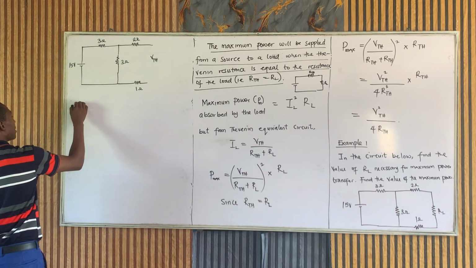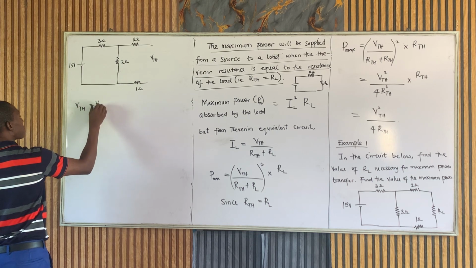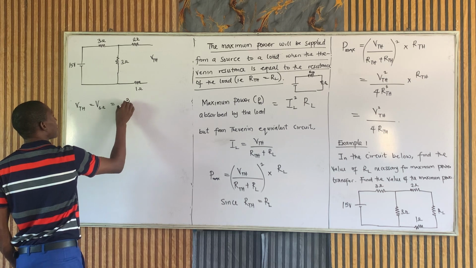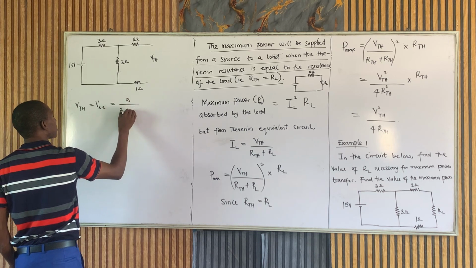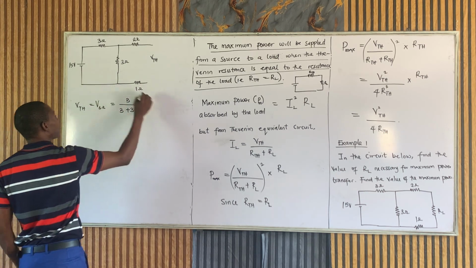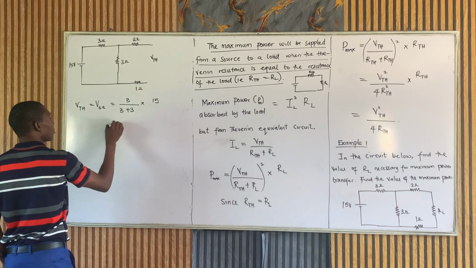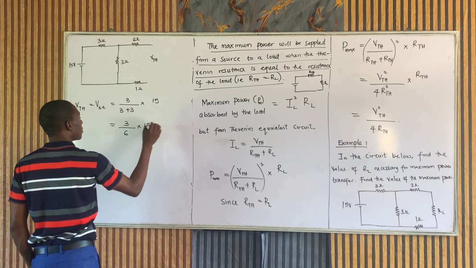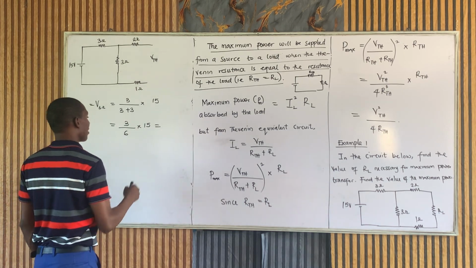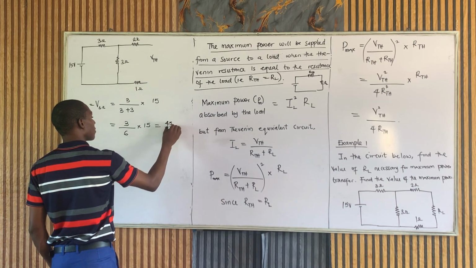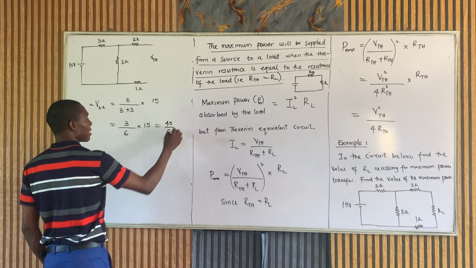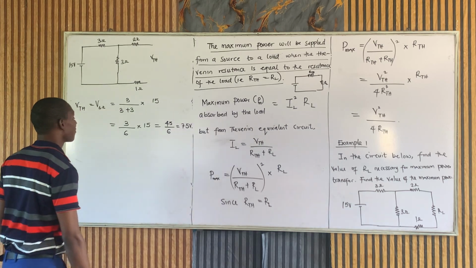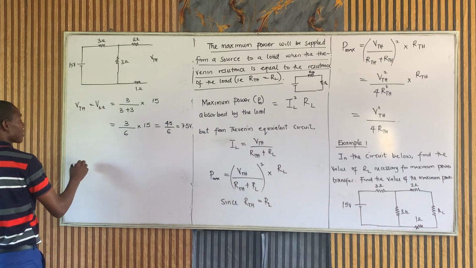So VTH, which is the voltage across the 3 ohm resistor, because voltages in parallel are the same, will be 3 over 3 plus 3 times the source voltage 15. 3 over 6 times 15. That's 45 over 6, 15 over 2, 7.5 volts. That's my VTH. Now let's get our RTH.